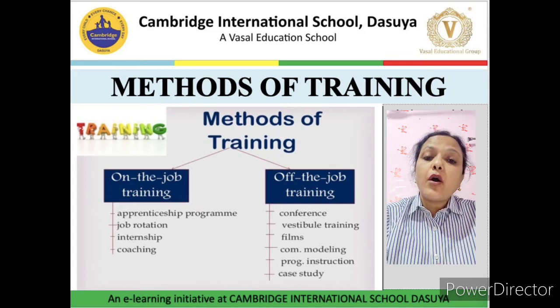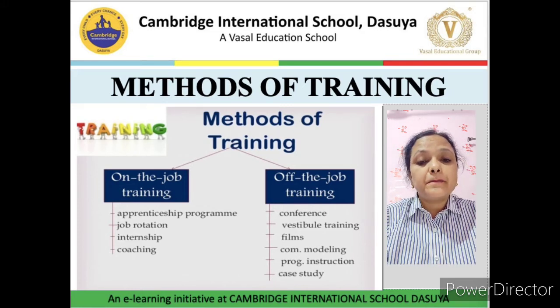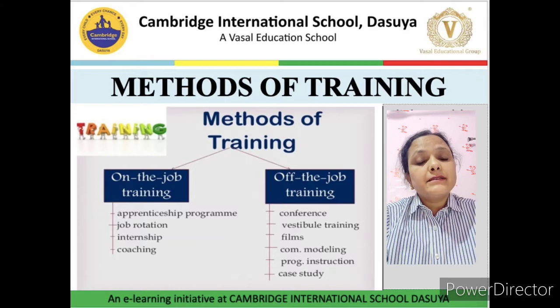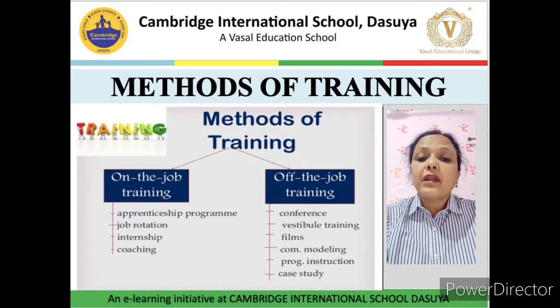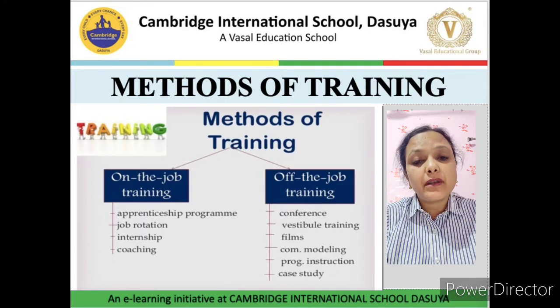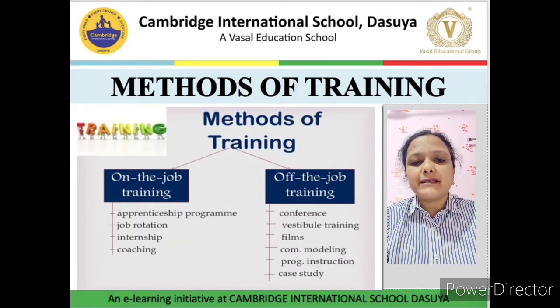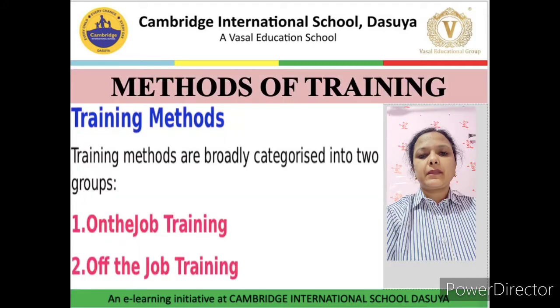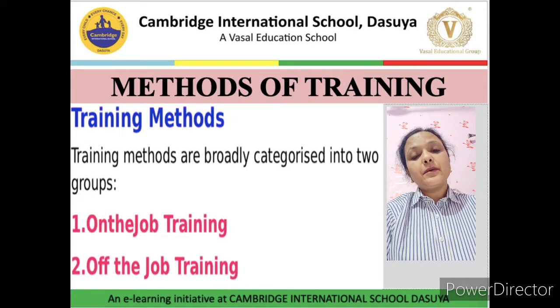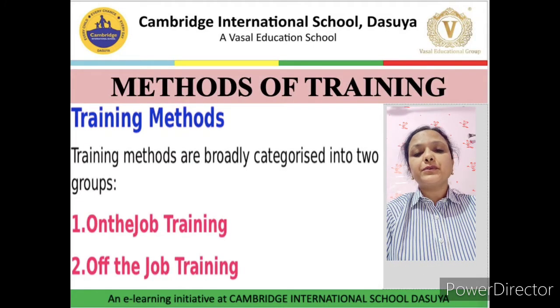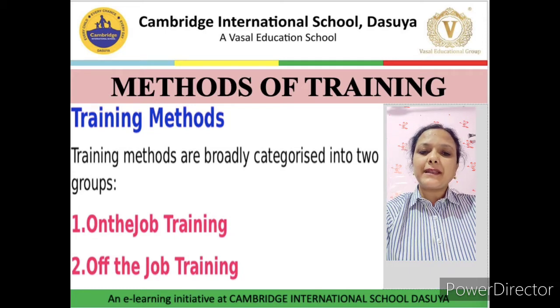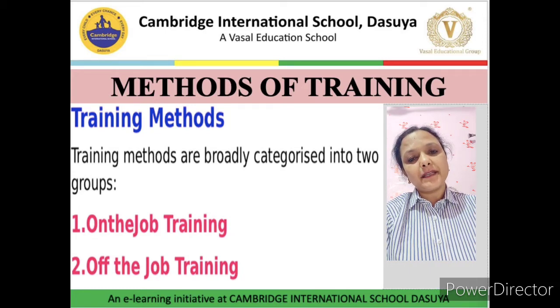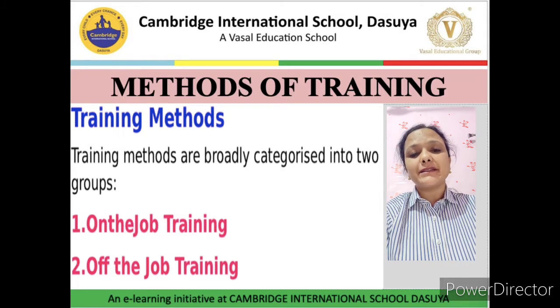Whereas off the job methods are conference, vestibule training, films, computer modeling, program instructions, and case study, etc. Training methods are broadly categorized into two groups, on the job training and off the job training. So now, one by one, we will study the methods of training.